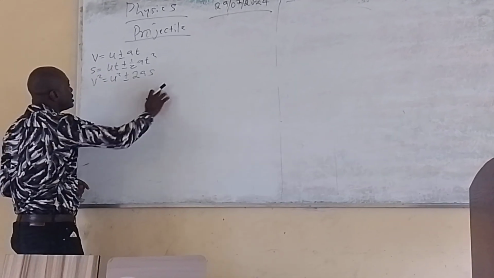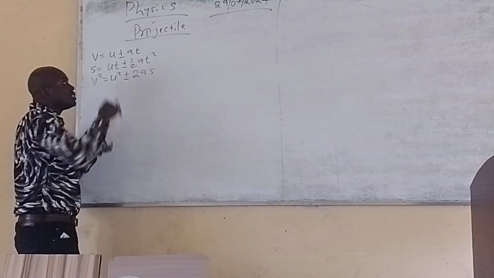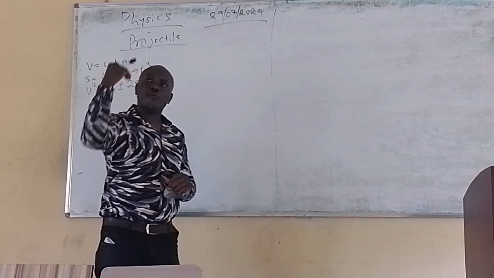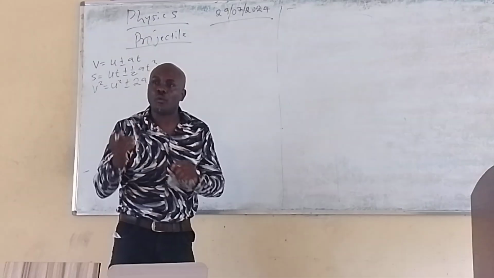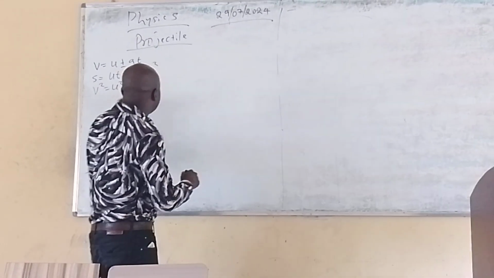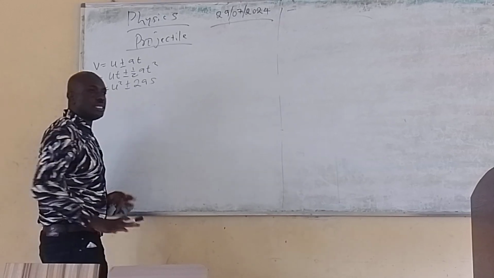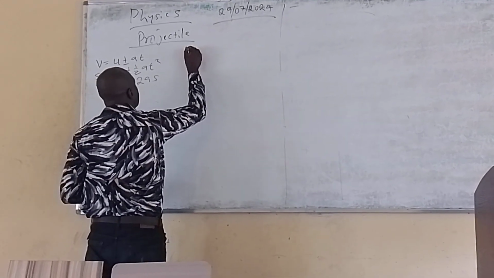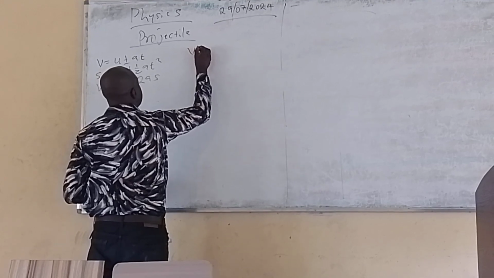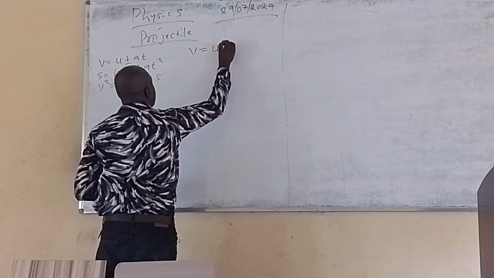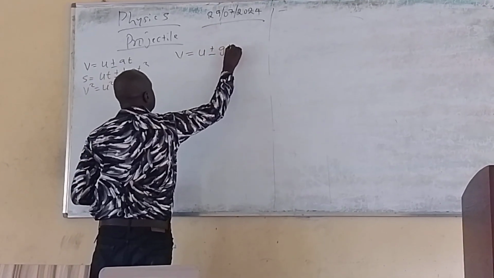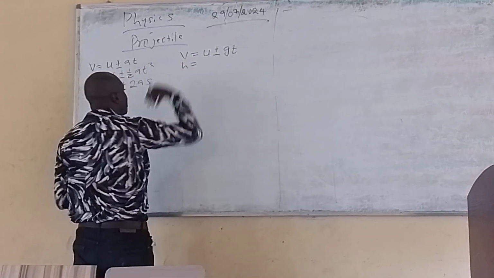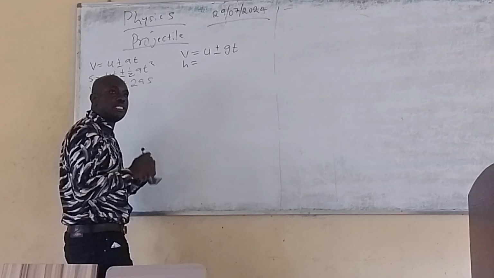Because of the topic we have today, projectile, which is the motion of a body launched in space, influenced by what? Gravity. So it is not going to be these equations, which are for things happening on the ground. For the one influenced by gravity, we have V equals U plus or minus GT. Instead of S, we put H to signify height, because it is happening in space.